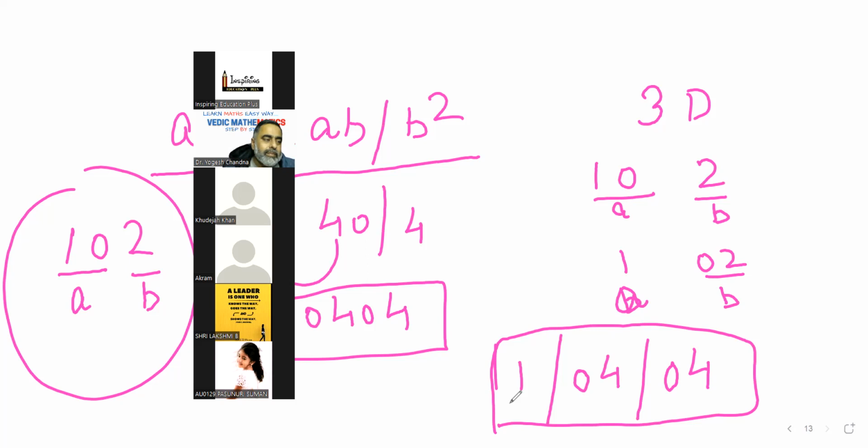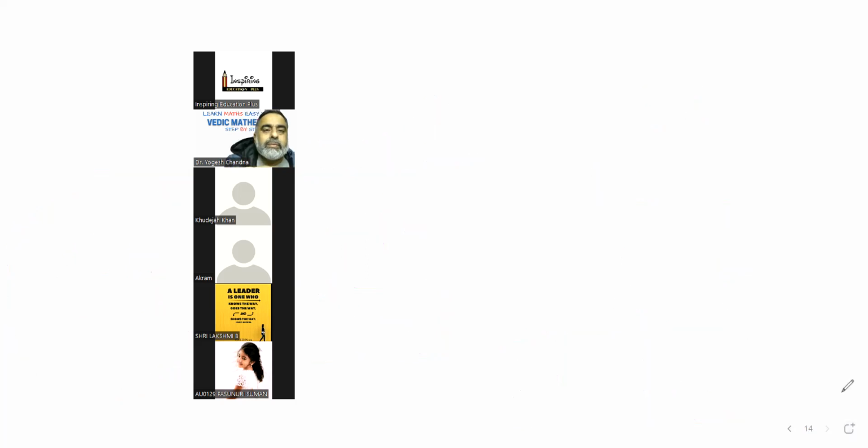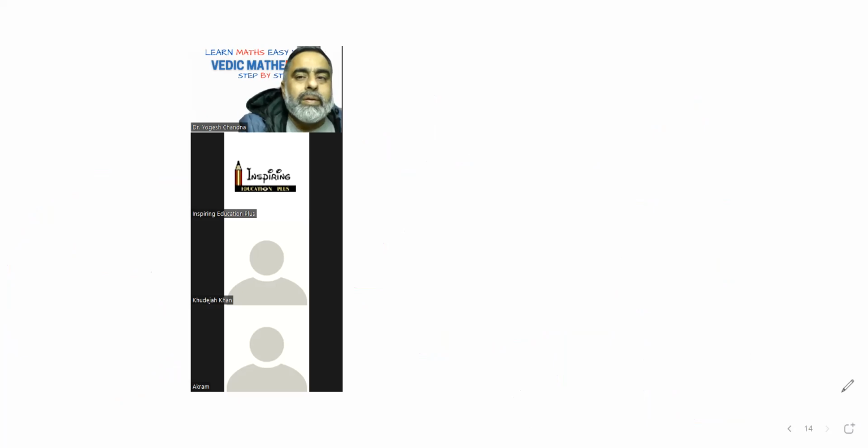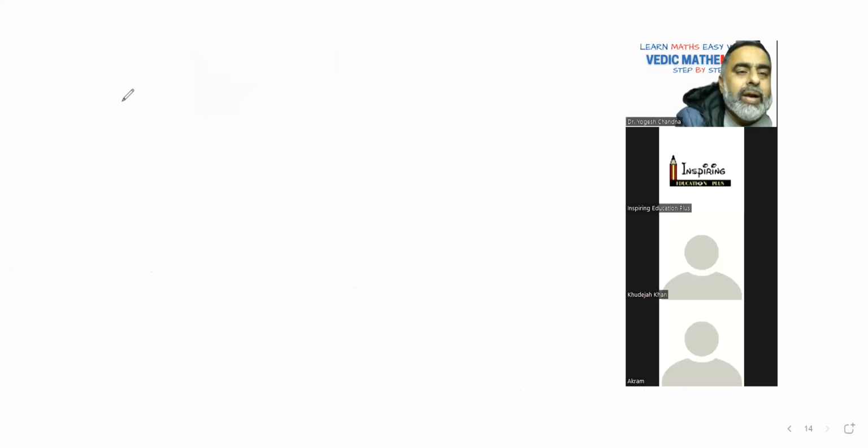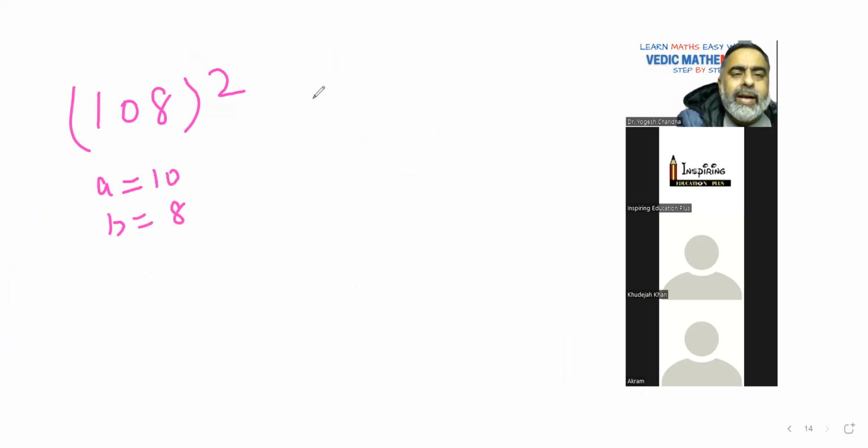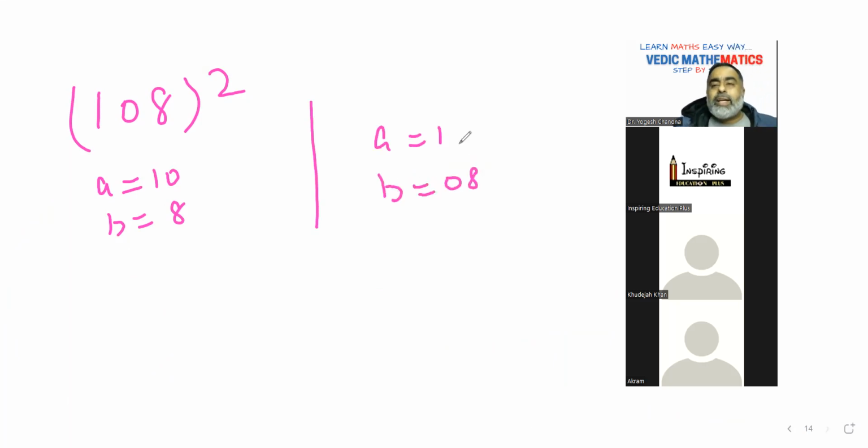Clear? So let's practice this. 108 here. Please find it by both tricks. A as 10, B as 8, and in the other case A as 1 and B as 08. And check whether you are getting the same answer or not.